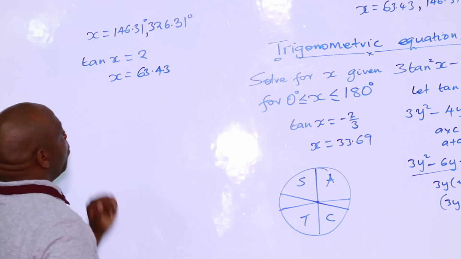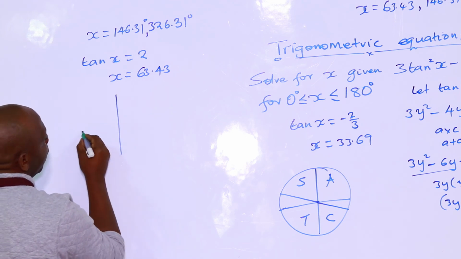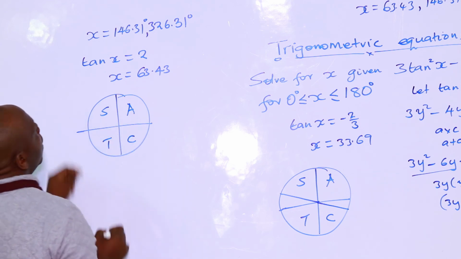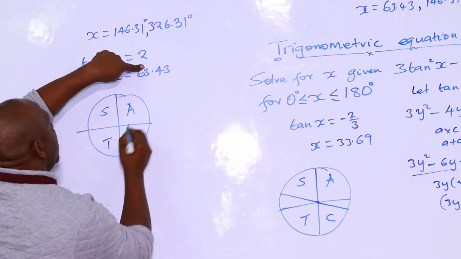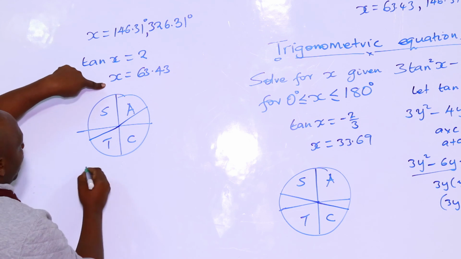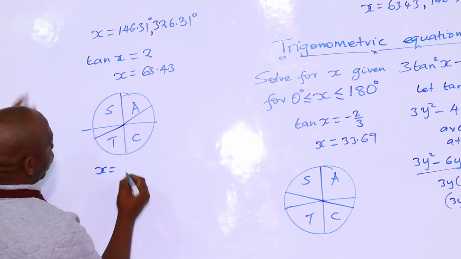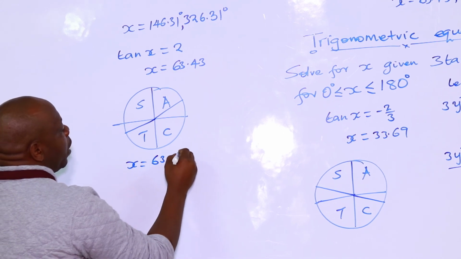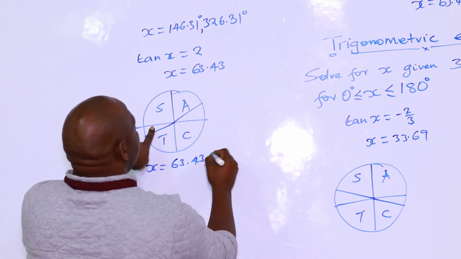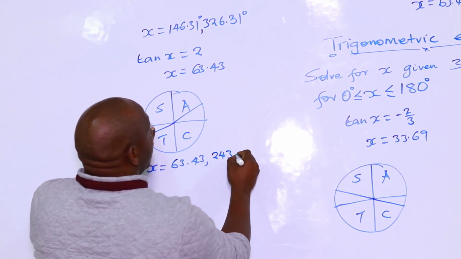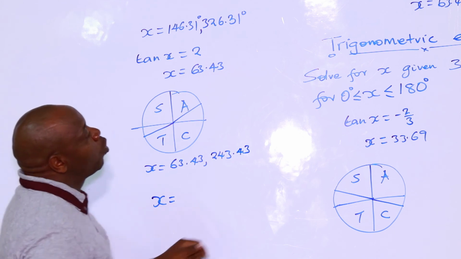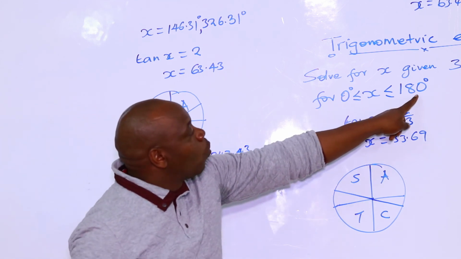Because now this one is positive, if you draw your unit circle here again, where tan is positive is in the first quadrant and in the third quadrant, and therefore the values for x here will be, the first one is 63.43, and the next one is 180 plus 63.43 to get 243.43.